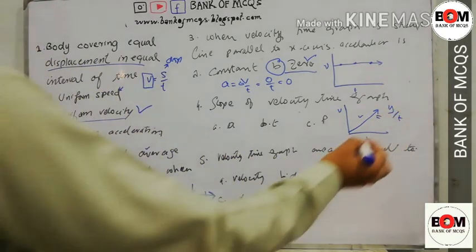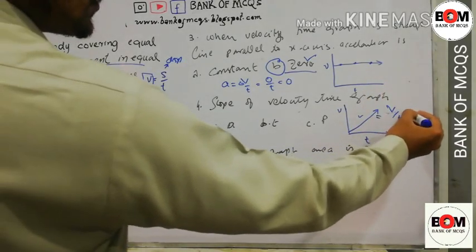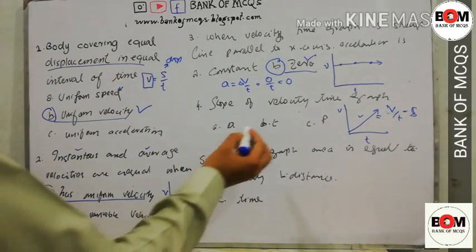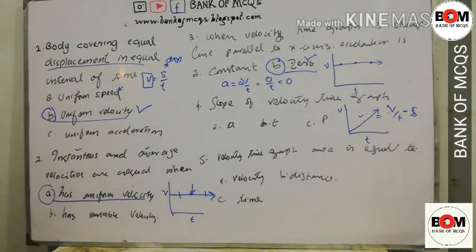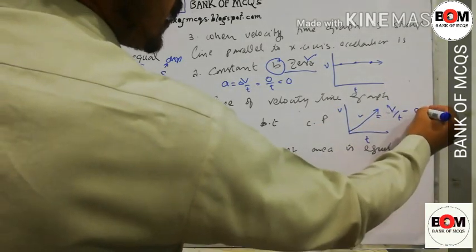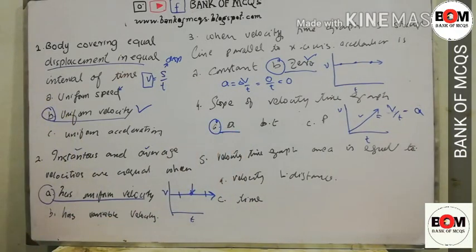On the y axis this is velocity, so the slope is v by t. We know that a is equal to v by t, and a is acceleration. So option A is correct.